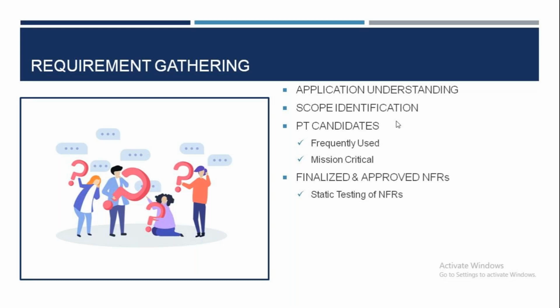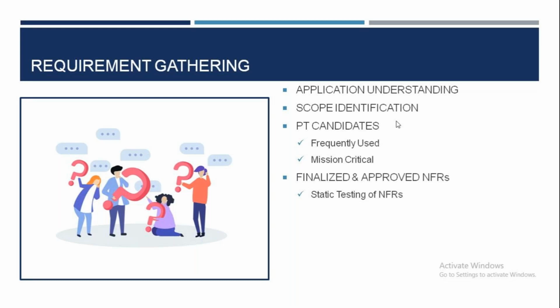So the non-functional requirements need to be finalized, need to be approved. If they are not approved and they are further changed later in the life cycle, then you would have already designed your test scripts, you would have already documented your test plan, and then if there is a change in the NFR, it is again going to be a problem for you, right?